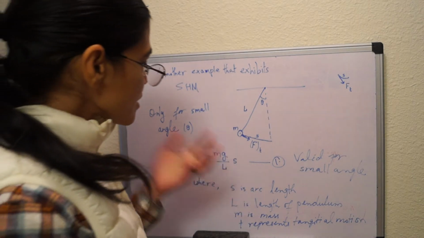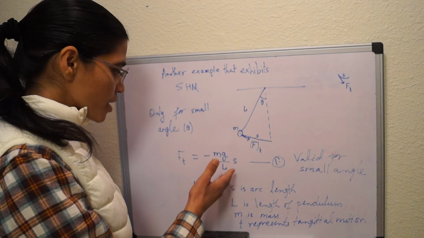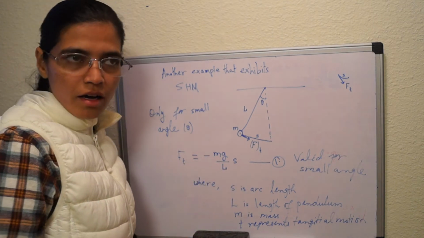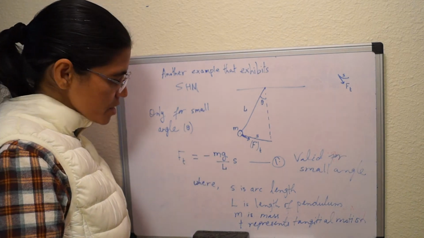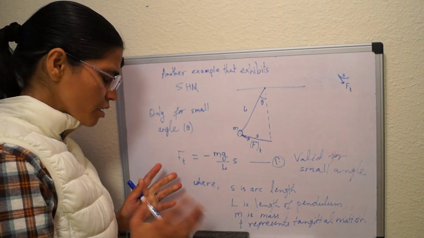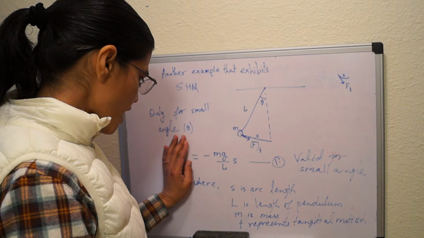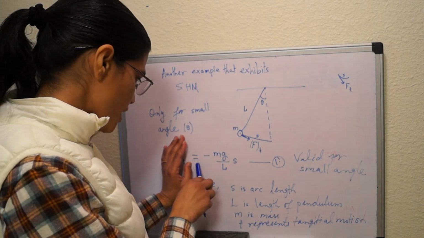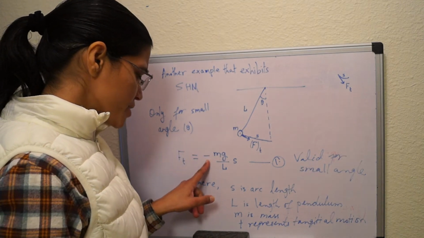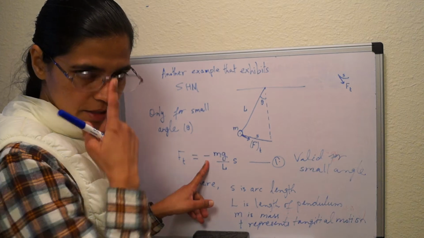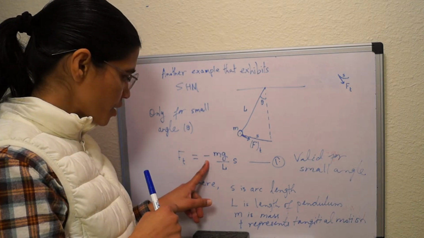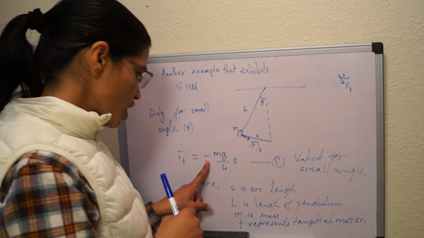So this equation, does it look somehow like the equation we had for the spring mass system? Okay, let's look at this. We have some force on the left hand side of this equal sign. We have the negative sign, just like the one in the spring force equation.